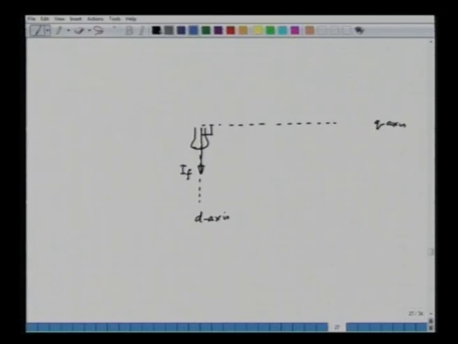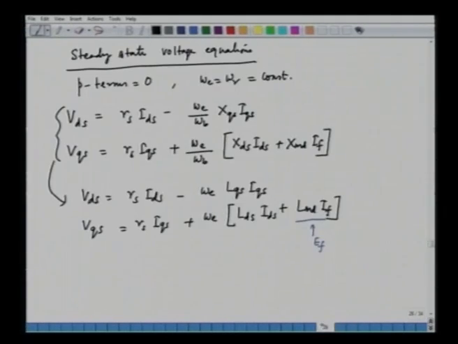So, we can write down that this is EF, the field induced EMF, as you have seen a little earlier. And then we have another induced EMF, that is LDS into IDS, which is basically a reactance drop. We know that we have two different reactances, and MMF can be split into two axes, and the corresponding reactance will give the voltage drop.